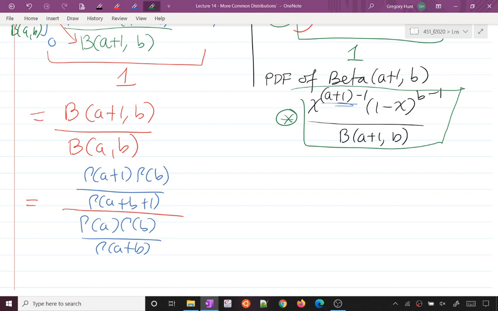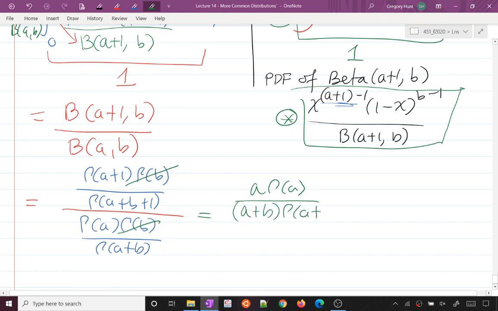So things will cancel, the gamma(b)'s will cancel. And gamma(a+1) I can write as a times gamma(a). And gamma(a+b+1) I can write as (a+b) times gamma(a+b).